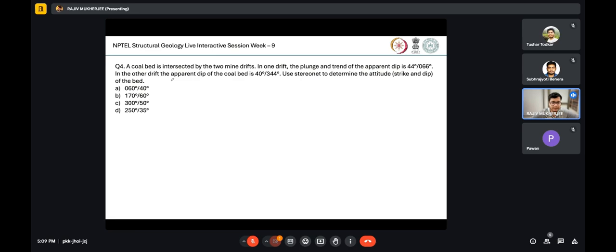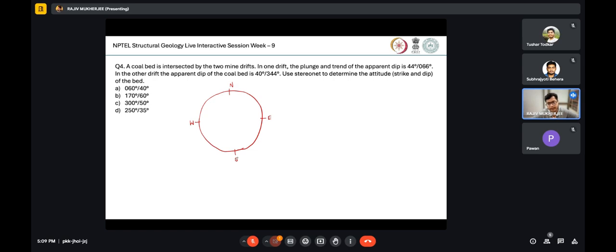Even though we do not have the stereonet, we can closely guess by drawing the stereonet like this. So let us draw a stereonet. If this is north, this is west, east, and south. So we have 2 points. The plunge of the apparent dip means we have linear data, and it will be represented as a point.